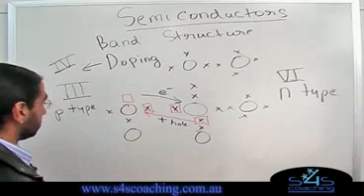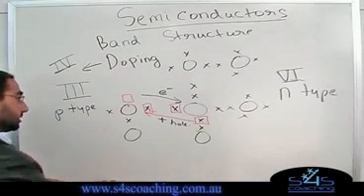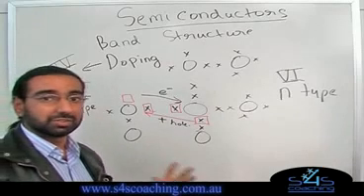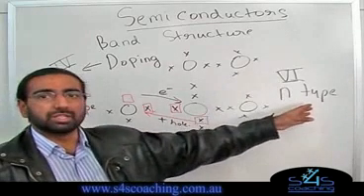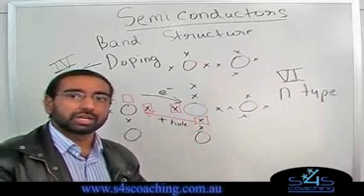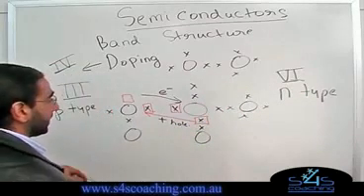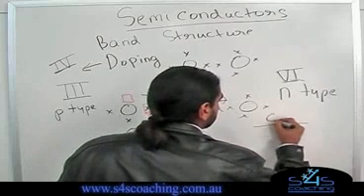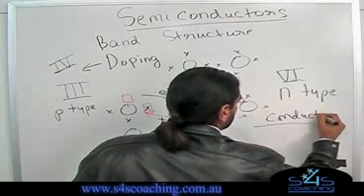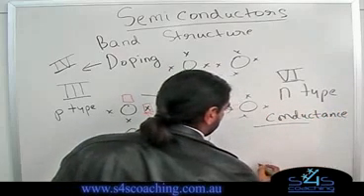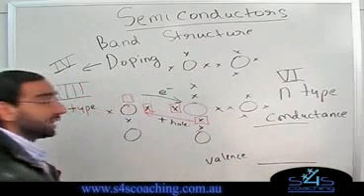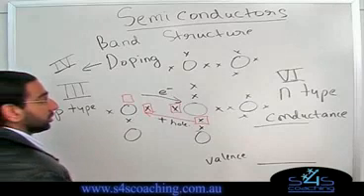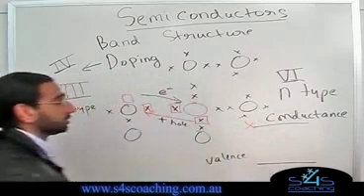The conductance model of semiconductors. This is quite important for understanding the difference between the two types. What I did in an N-type is add an extra electron. Going back to our bands, we have the conductance band and we have the valence band. In an N-type, that extra electron goes directly into the conductance band.